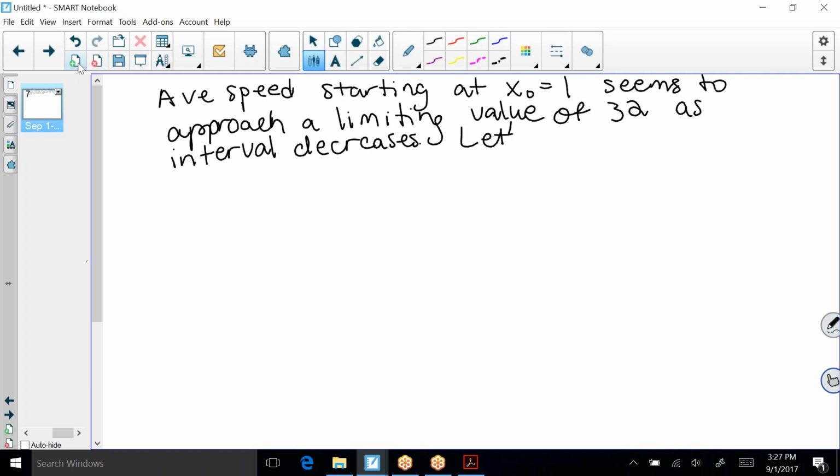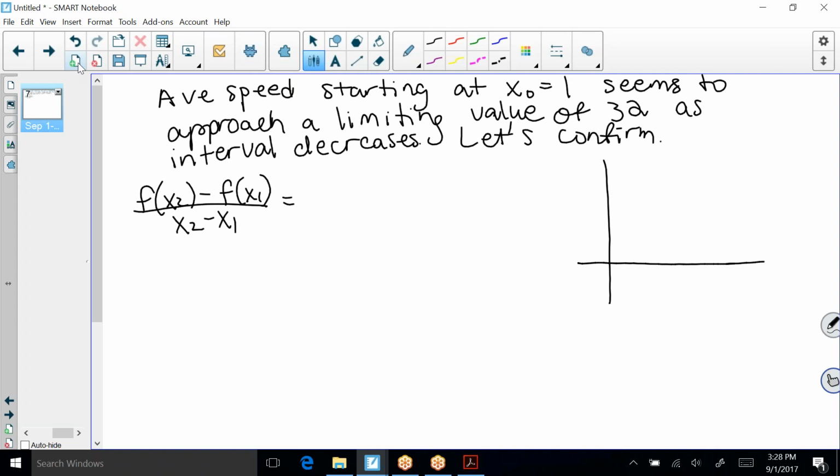So let's confirm this algebraically. So we have f of x sub 2 minus f of x sub 1 divided by x sub 2 minus x sub 1. And let's take a look at a quick picture over here again.